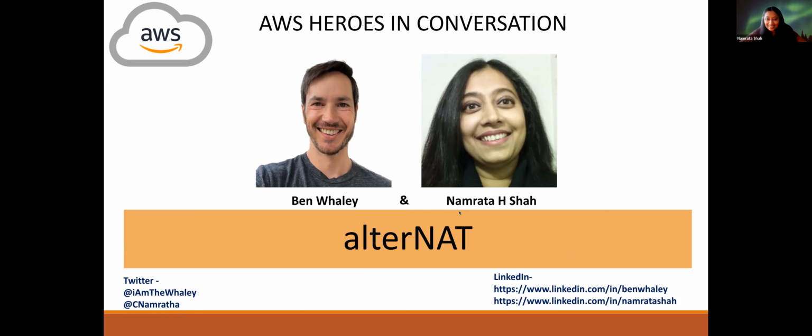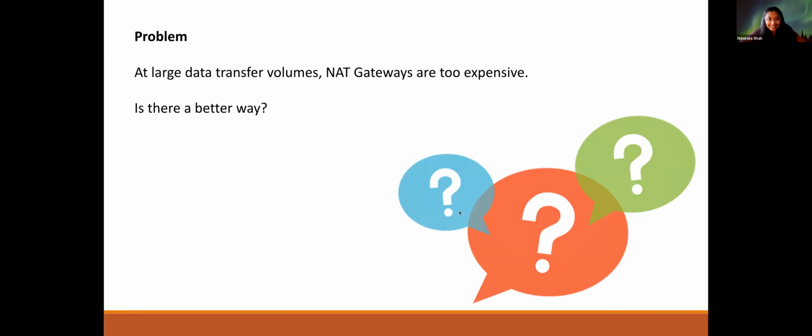Okay. And maybe I will start by just framing out what the problem is for people who aren't that familiar. So the thing is that NAT gateways are very expensive, especially at large data transfer volumes. And when I say large volumes, I mean on the order of 10 terabytes or so, say per month.